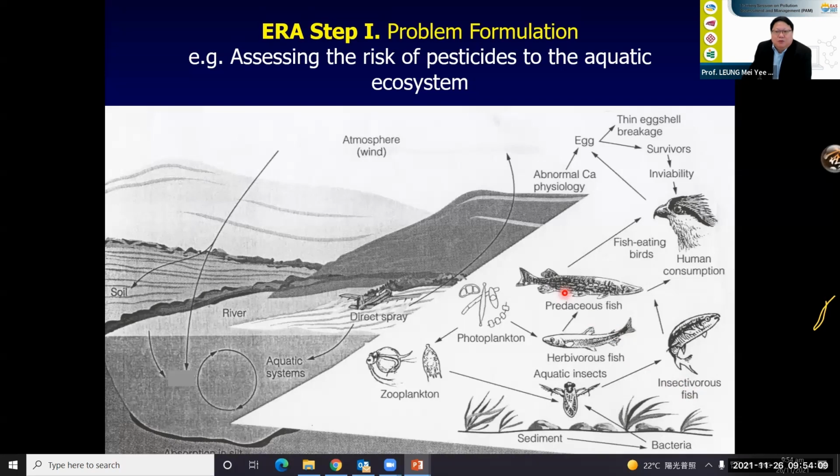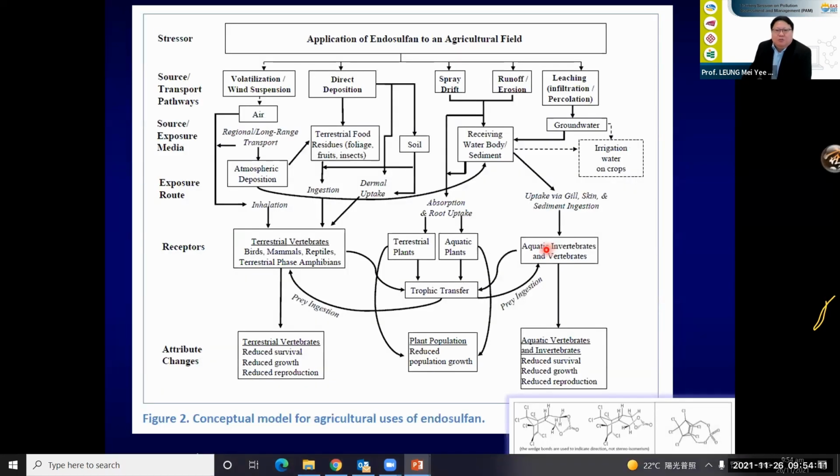So in terms of a conceptual model, then we will look at different pathway of the discharge process: air, soil, water, and then we look at different sensitive receiver: terrestrial vertebrates, terrestrial plant, aquatic invertebrate and vertebrates.